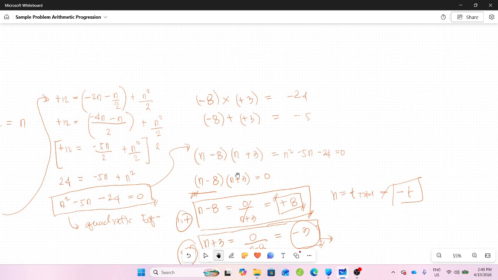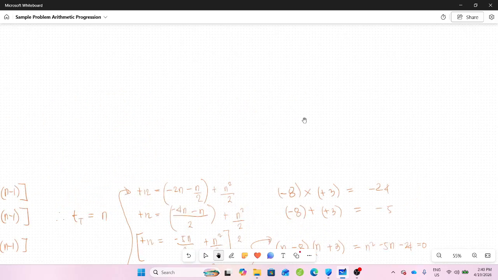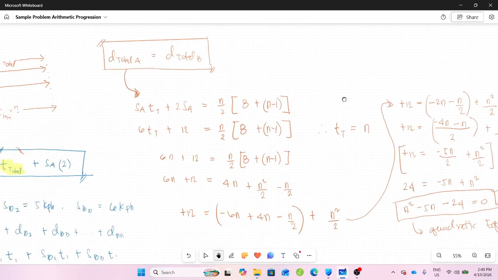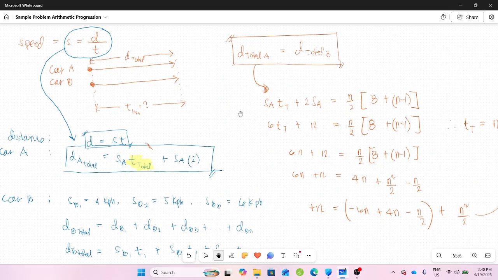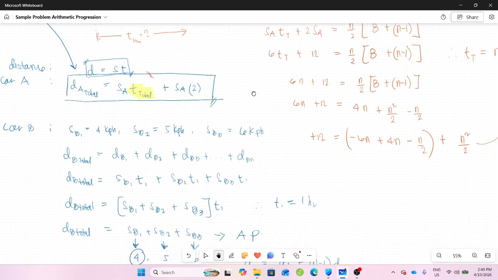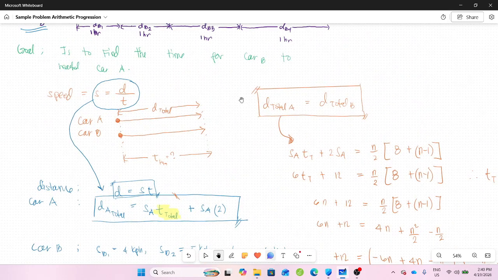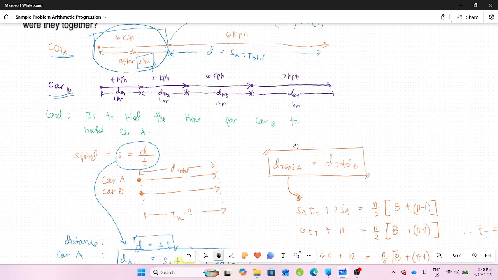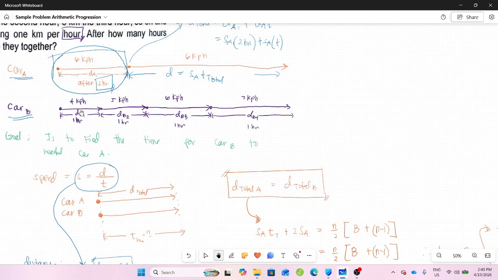So after 8 terms, that's going to be after 8 hours. Going back here, after 8 hours, 1, 2, 3, 4, 5, 6, 7, 8, car B will reach car A. Let's prove that one.